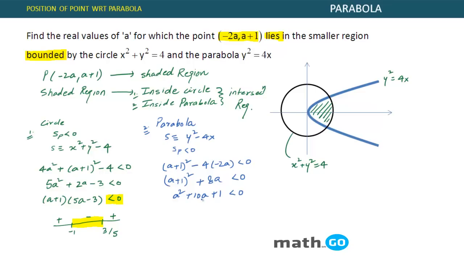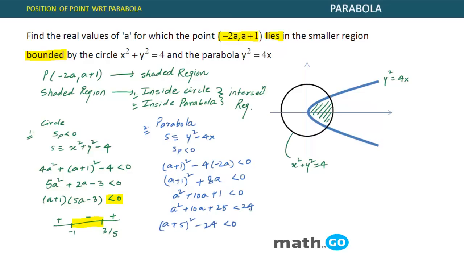It is not solvable by middle term splitting. What you can do is solve by the simple quadratic method, or even solve it by completing the square. So what you can do, a square plus 10a plus 24 added on both sides, this becomes 25 and less than 24, right? I have added 24 on both sides. So this becomes (a plus 5) whole square minus 24 less than 0.